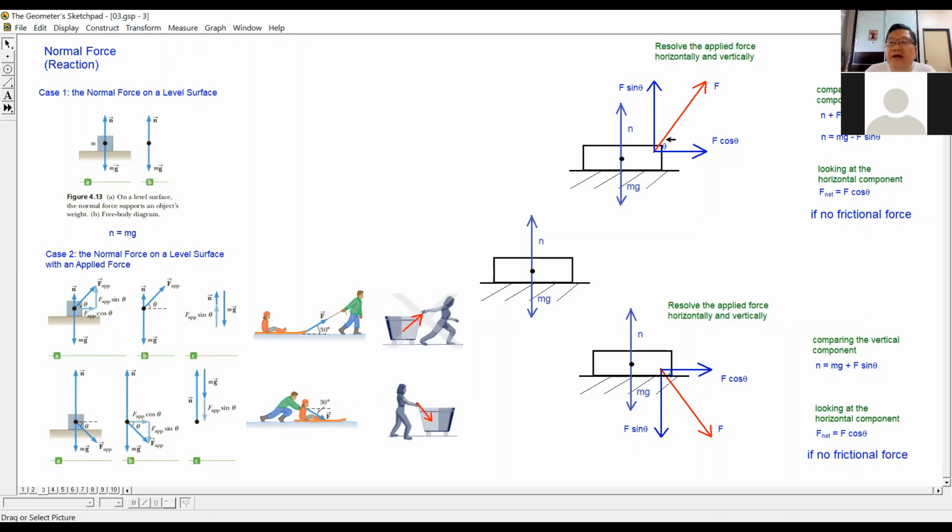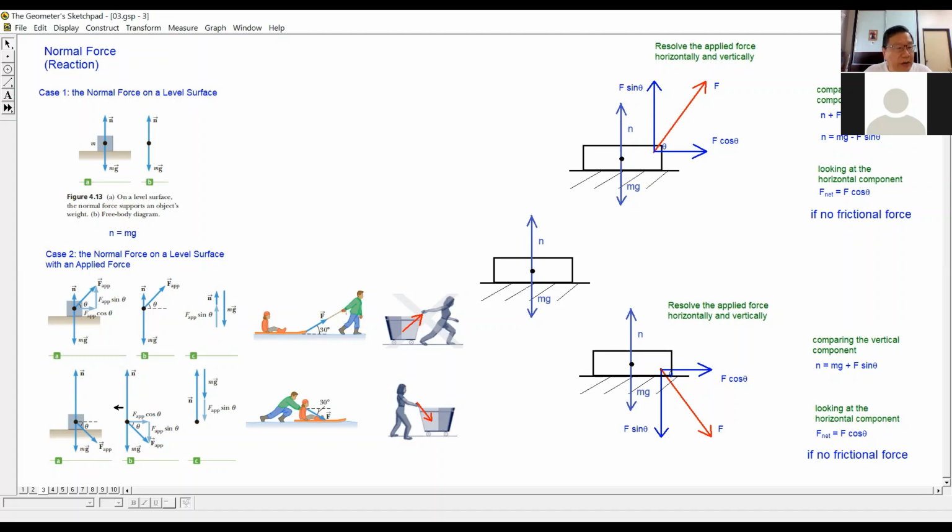In another case, when you pull the object up, you are actually helping the normal force. It doesn't have to provide so much normal force, so the normal force will be a bit less.